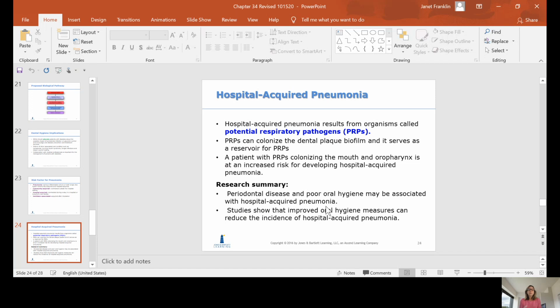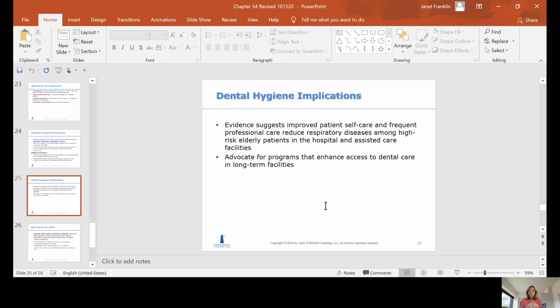Hospital-acquired pneumonia results from organisms called potential respiratory pathogens. They colonize from dental plaque, and then they can travel down into the oropharynx and increase the risk for pneumonia. Evidence suggests that improved patient self-care and frequent professional care reduce respiratory diseases among your high-risk elderly patients in the hospital and assisted care facilities.